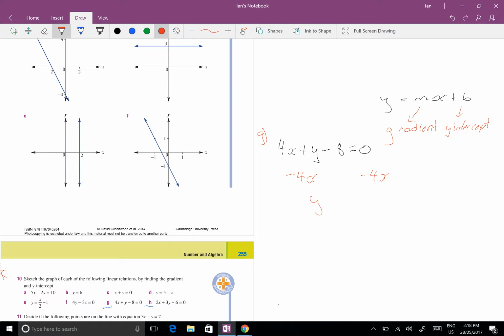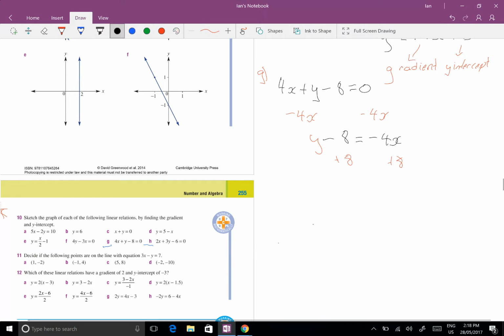So you get y minus 8 equals negative 4x, and we'll add the 8. So this is pretty easy, this one. I get y equals negative 4x plus 8.